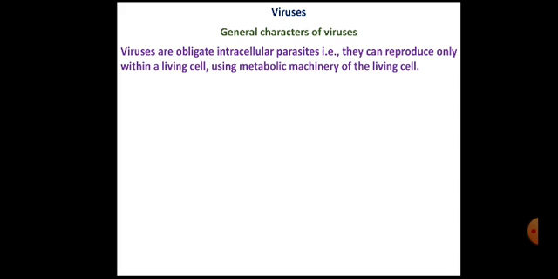We need to understand the meaning of the words obligate, intracellular, and parasite. Obligate means it is a compulsory requirement of that organism. Intracellular means inside the cells, living cells, and parasite means dependency on other.